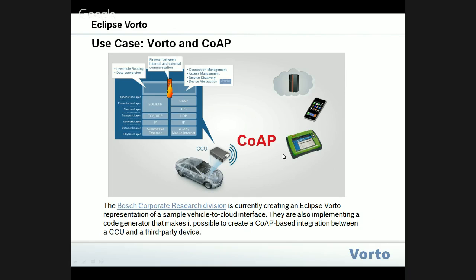Now, CoAP is used for a communication between an application and the gateway within the car. So there are two things necessary. On one hand, you need the code generator for creating the server and client implementations for SOME/IP and for CoAP. On CoAP side, we are using Californium.